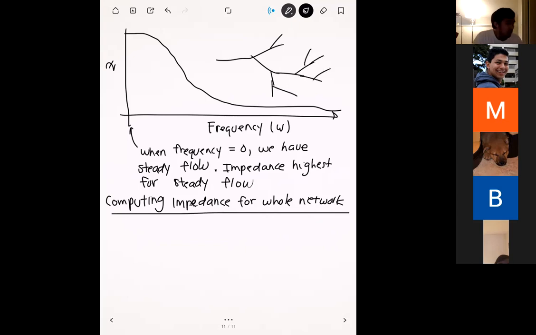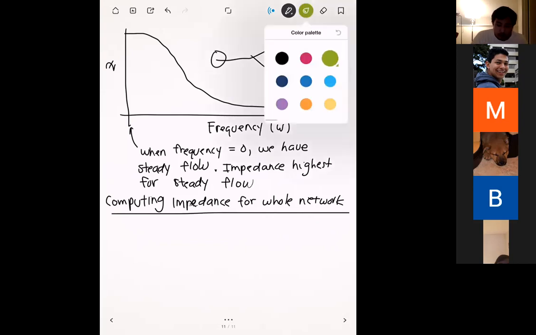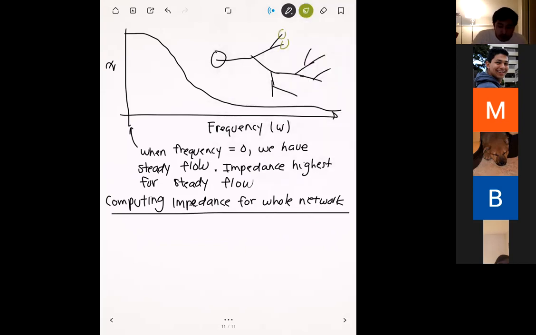Okay. And so we have something that's really complicated like this. And what we can do is basically repeat the same things that we did for the previous example over and over again until we reach the top here. Okay. But generally, the way that we're going to start is we're going to start at the endpoints of the tree, compute the impedances, and collect them and add them together until we reach the end. Okay. All right. So step 1.